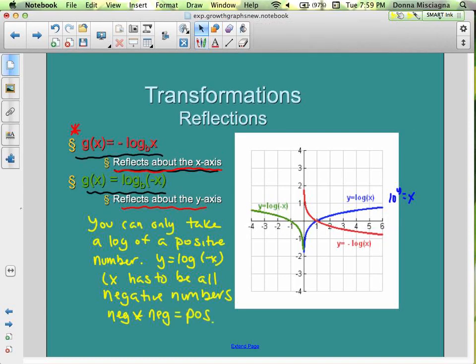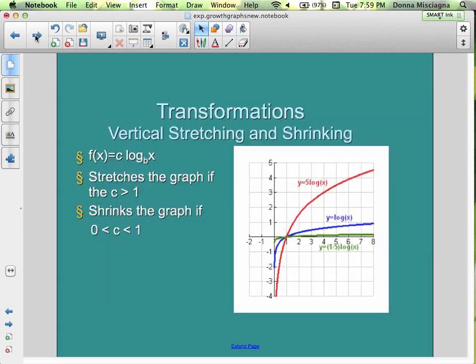That's why if it's negatives on the x, it's going to reflect it over the y-axis. And that's true for all of our functions. If the negative is on the x, it reflects over the y-axis. That was true for our radical functions. If the negative is in front, it's going to reflect over the x-axis. And then I think I got stretches in here.